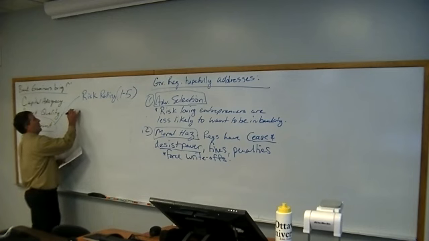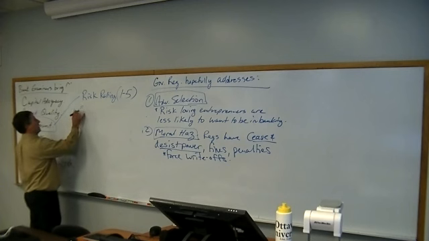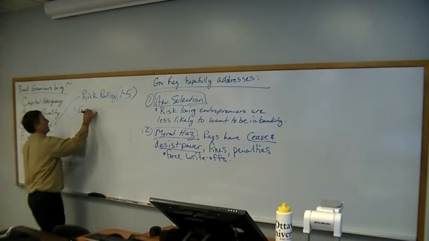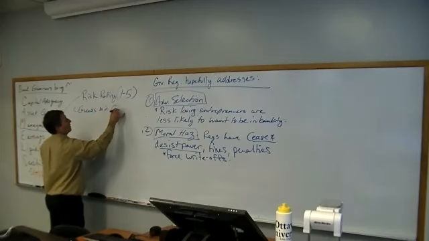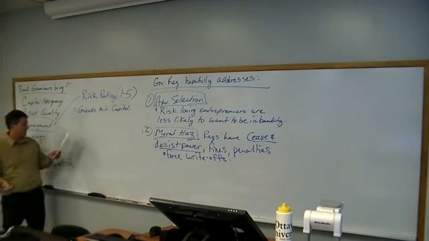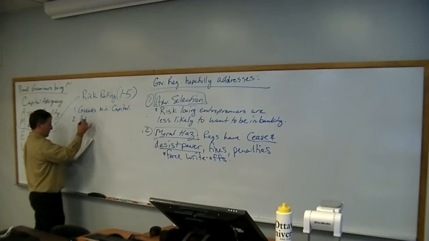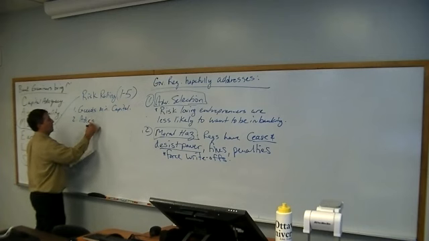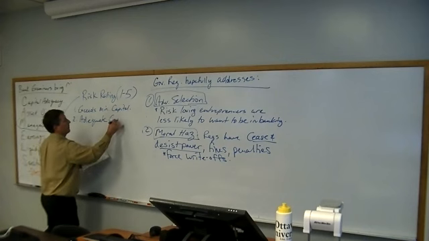So if you get a 1, you've got exceeds minimum capital. Number 2 is adequate capital.